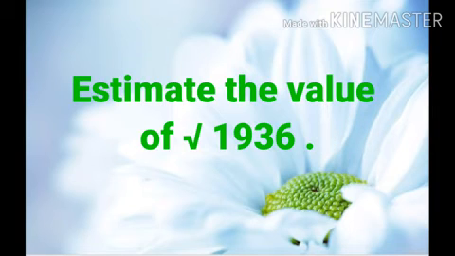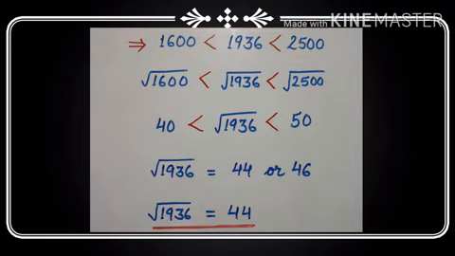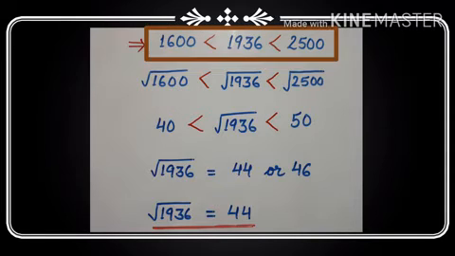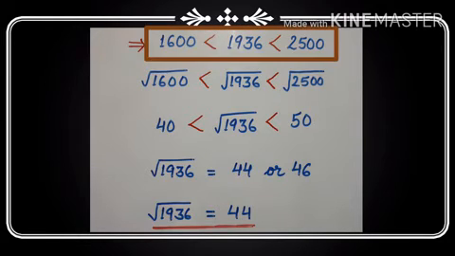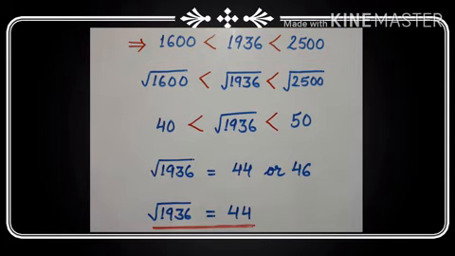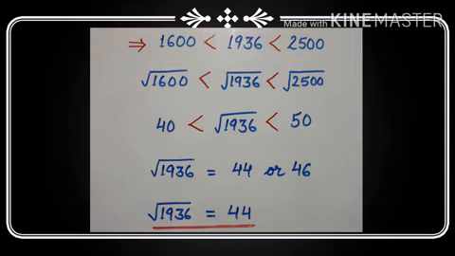Now comes the tens digit. 1936 is greater than square number 1600 but less than square number 2500. Means 1936 lies between 1600 and 2500.